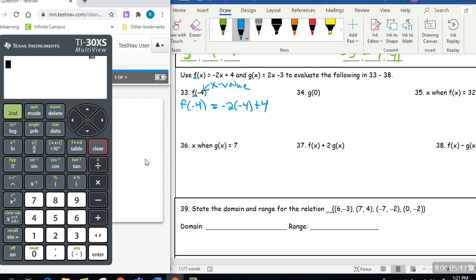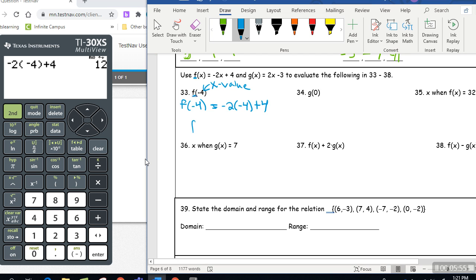So if you wanted to, you could just type that into your calculator. You'd have -2 times -4 plus 4 equals 12. So when f of -4, when our x value is -4, the y value is 12.